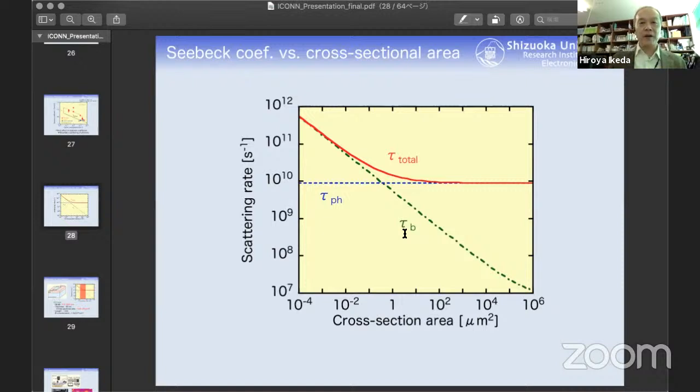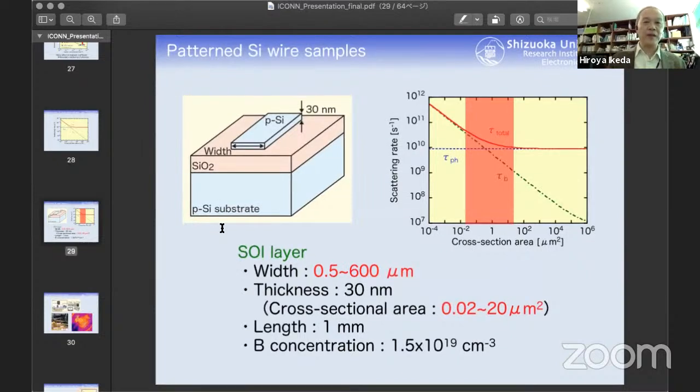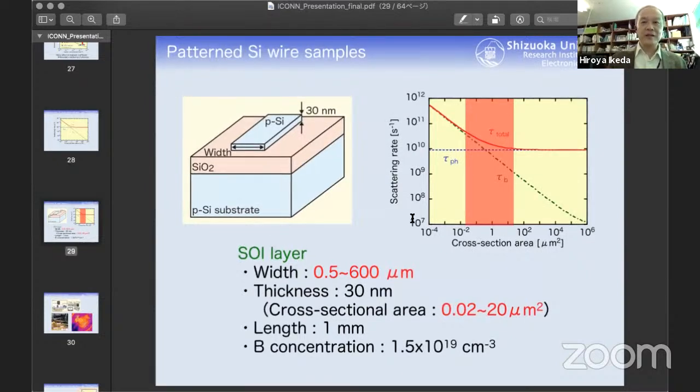From our calculation, when the cross-sectional area of the wire is less than 1 square micrometer, the boundary scattering component becomes dominant like this. So we made many samples of wires for checking these regions.